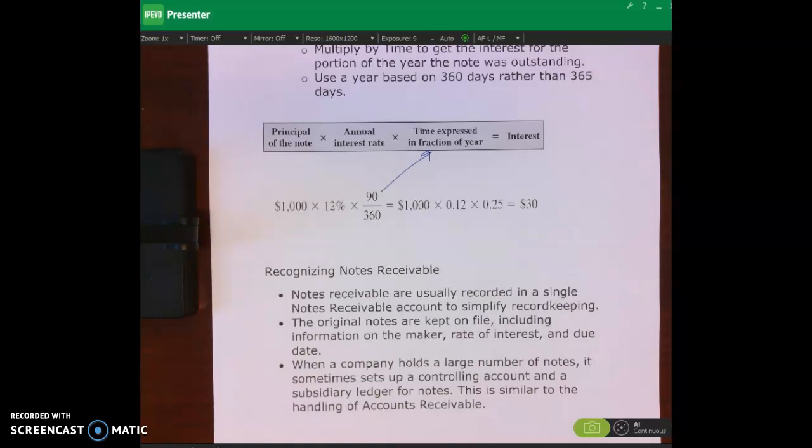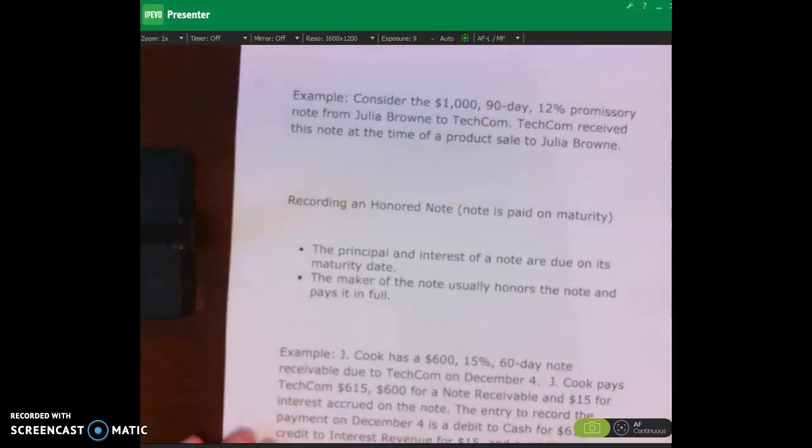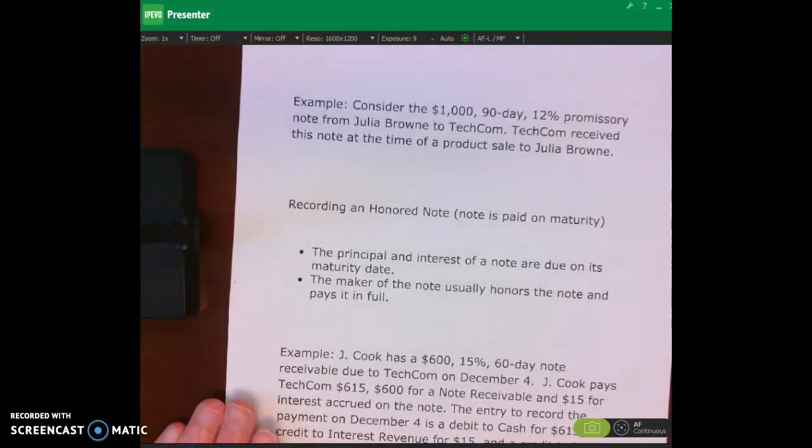Maybe they're making a sale to a customer who in the past hasn't been that creditworthy, and so rather than giving them accounts receivable that doesn't have any interest, we're going to say, nope, you're going to sign a promissory note and you're going to pay us interest if you want credit with us. Okay, so those are some of the reasons why a company might use a notes receivable rather than an accounts receivable.